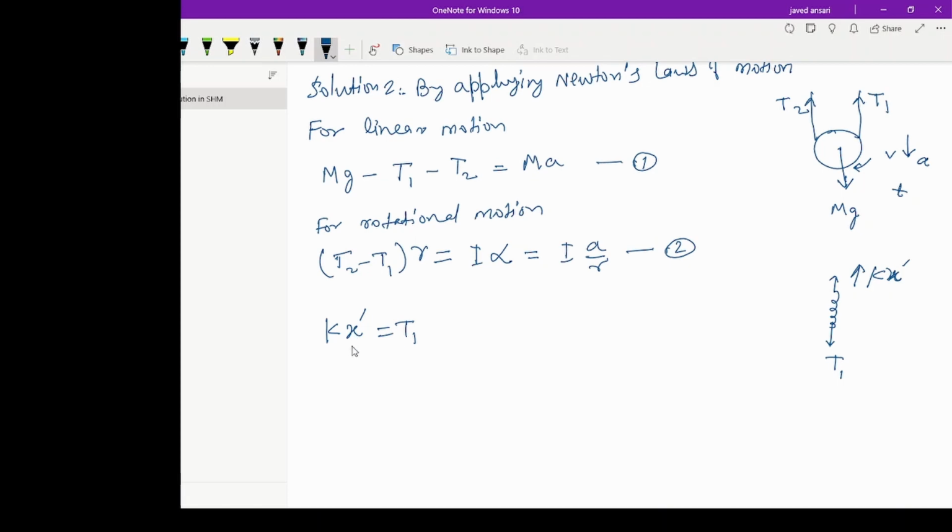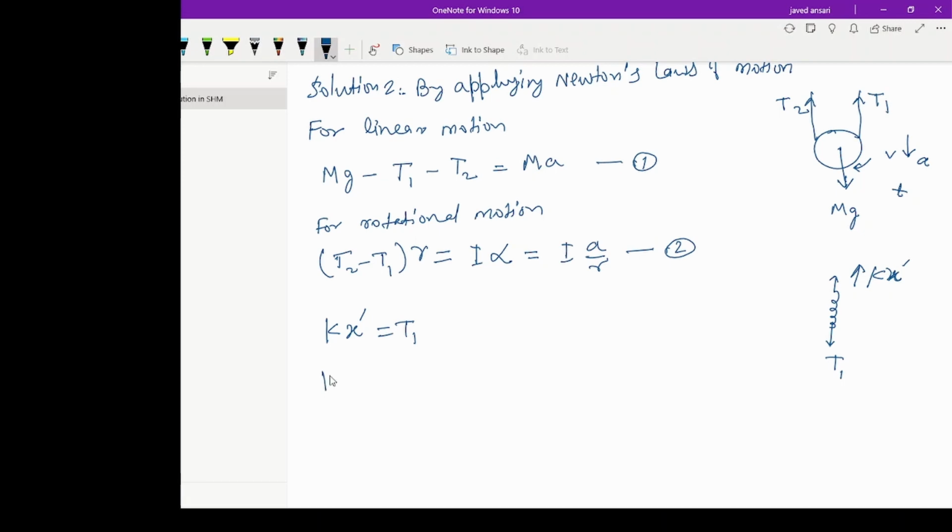And what is x dash? x dash is the total elongation at the time t, right? So if the pulley is going down by a distance x, as we discussed in the last video, there will be a total elongation 2x in the string. And the natural elongation x naught, we already found x naught equal to mg by 2k.